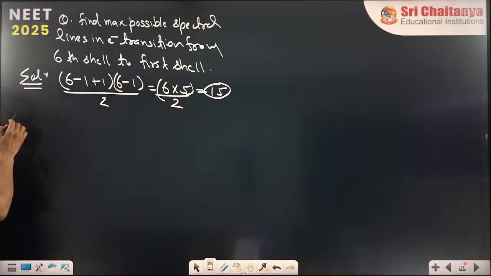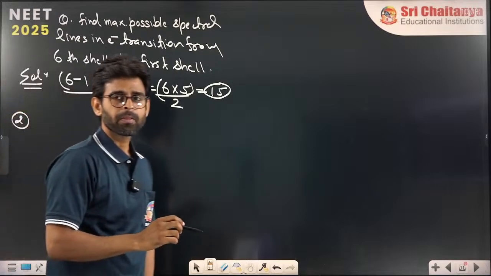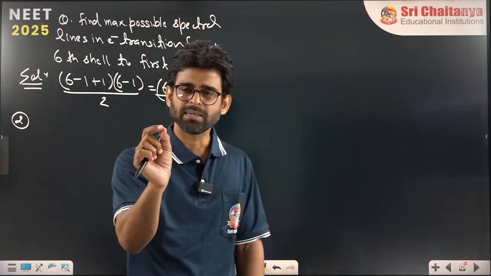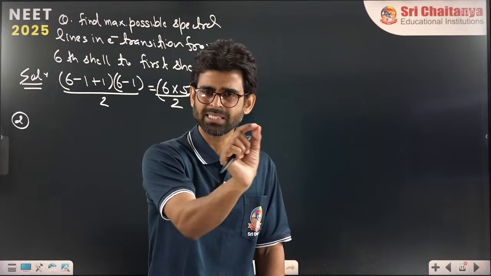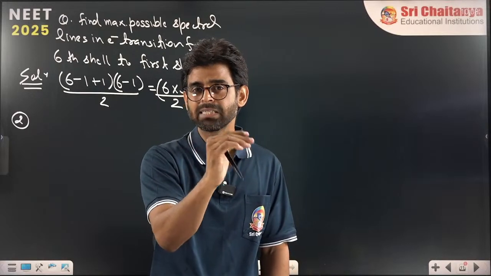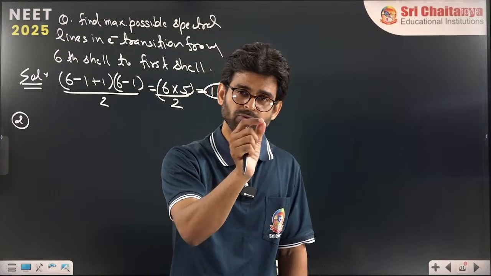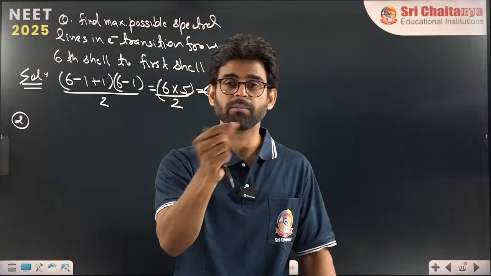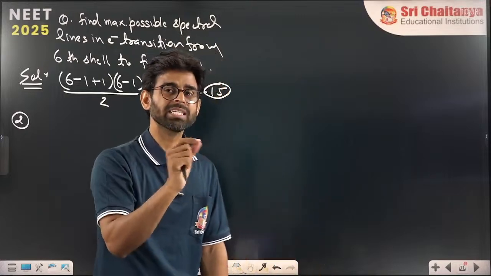That's it. The second question from the hydrogen spectra is where they will give that for this line, the electron is jumping from this shell to this shell, and when this jump happens, energy is emitted as radiation. So you have to find the wavelength or wave number of that particular radiation.